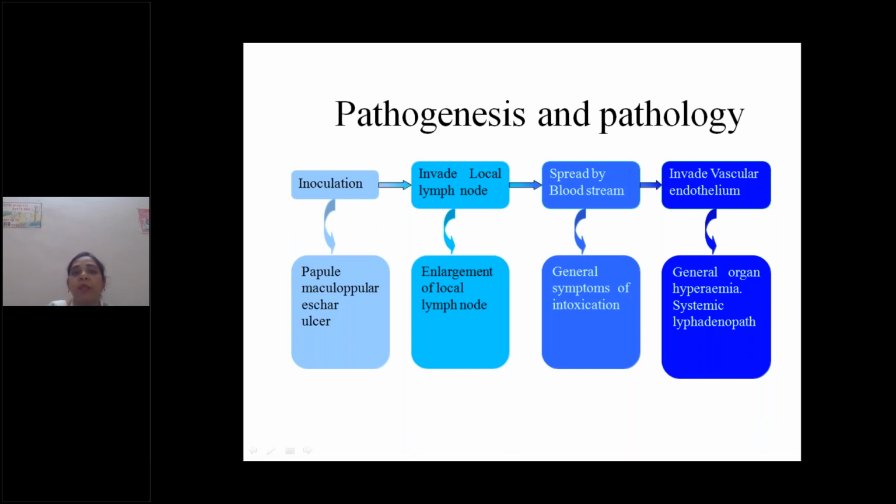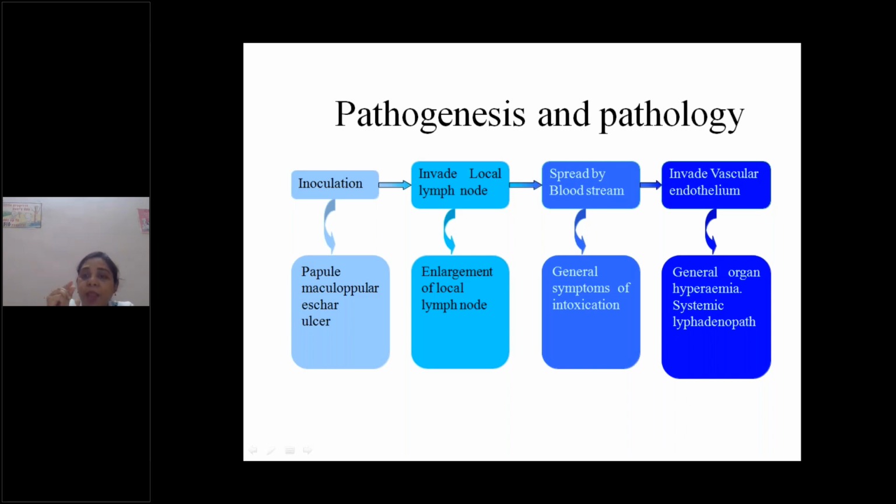Pathogens and pathology of scrub typhus. When the bacteria Orientia enters into your body, during the inoculation period, there is a maculopapular rash along with an eschar ulceration. Eschar, what is it?